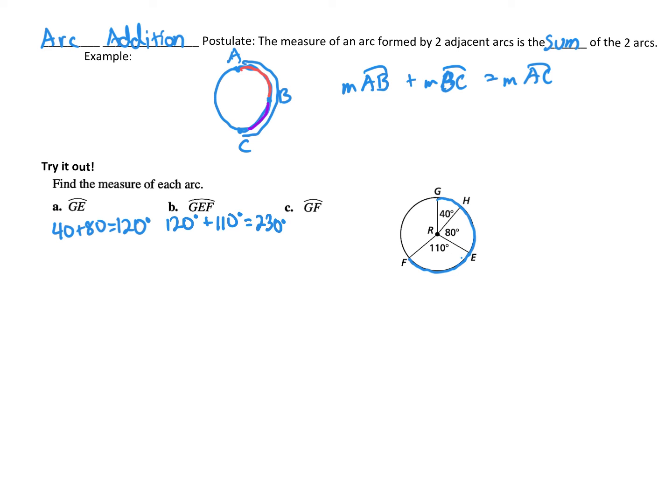So that whole thing. Now they ask, what's GF? GF is what's left. So all I have to do is take 360, because it's 360 all the way around, and subtract 230. That gives me 130 degrees for GF. So these are our answers right here.